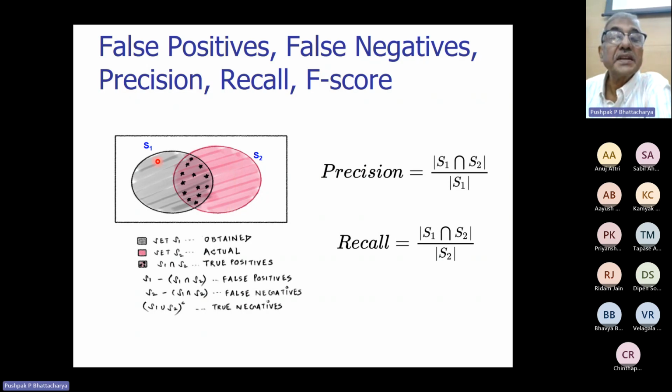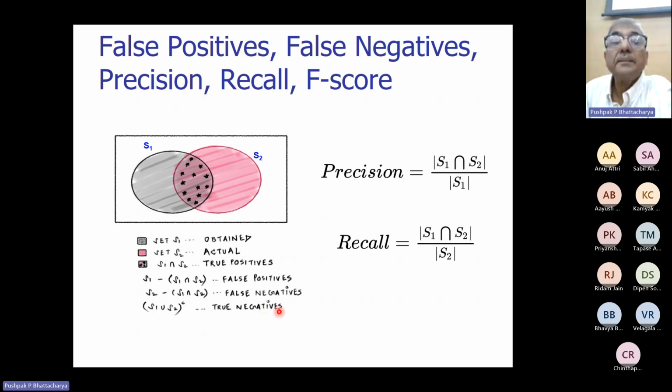Okay, this is a region which is falsely labeled as positive by the classifier. So this is false positive. This is false positive. This is false negative. This is true positive. This is true negative. Okay, outside. So precision is intersection of S1 and S2 divided by the size of S1. Recall is intersection of S1 and S2 divided by the size of S2. This is precision and recall.